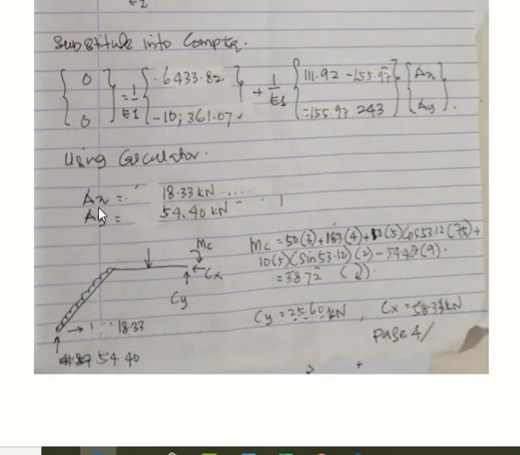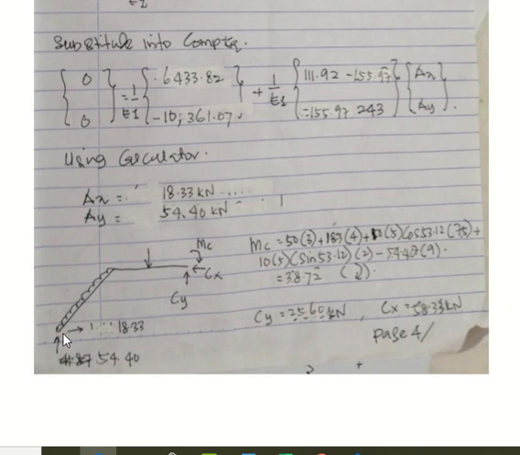Then you can determine the reaction at A in X equal to 18.33 kilonewton, and the reaction at A in Y equal to 54.4. After you have determined these redundant forces, you can determine the remaining reactions.